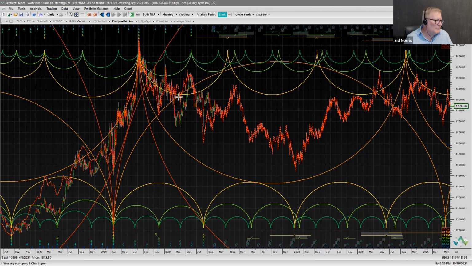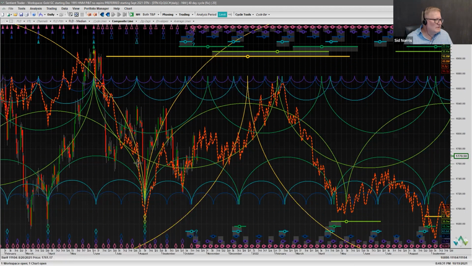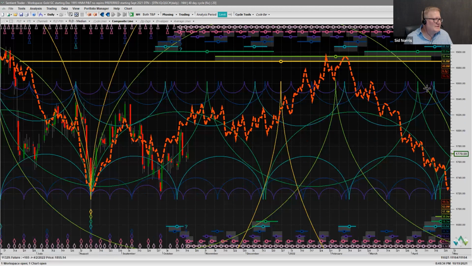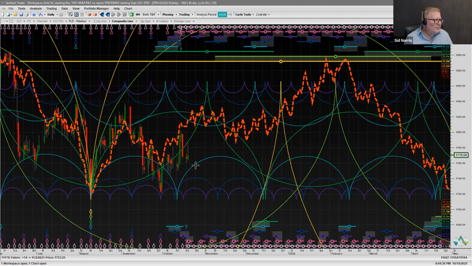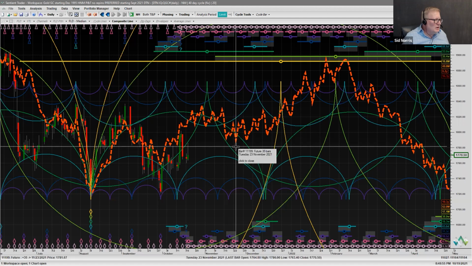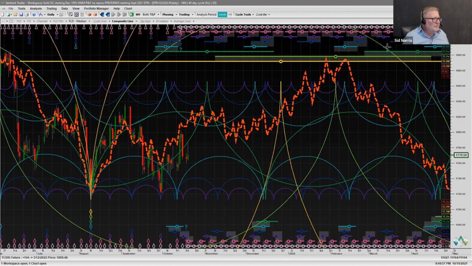But anyway, what this is calling for is, I would say, generally upward movement in gold through February 11, according to the composite line. And it's bullish here until late October, then a pullback through about November 23rd.